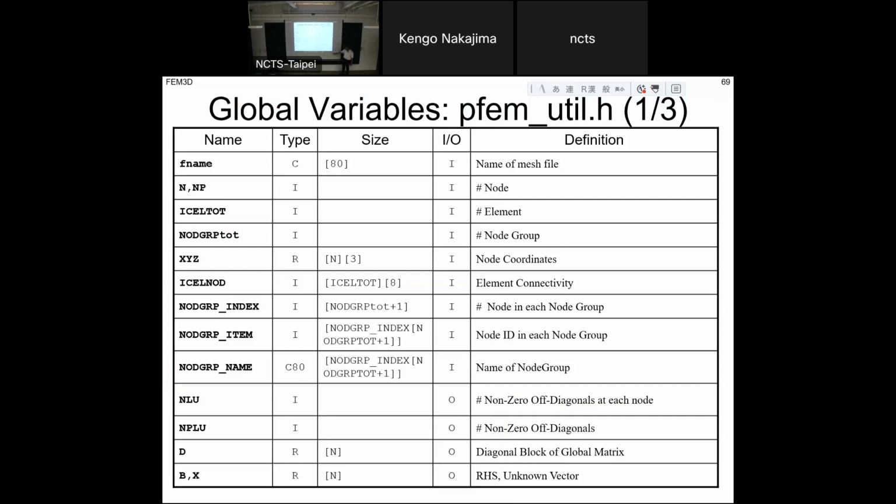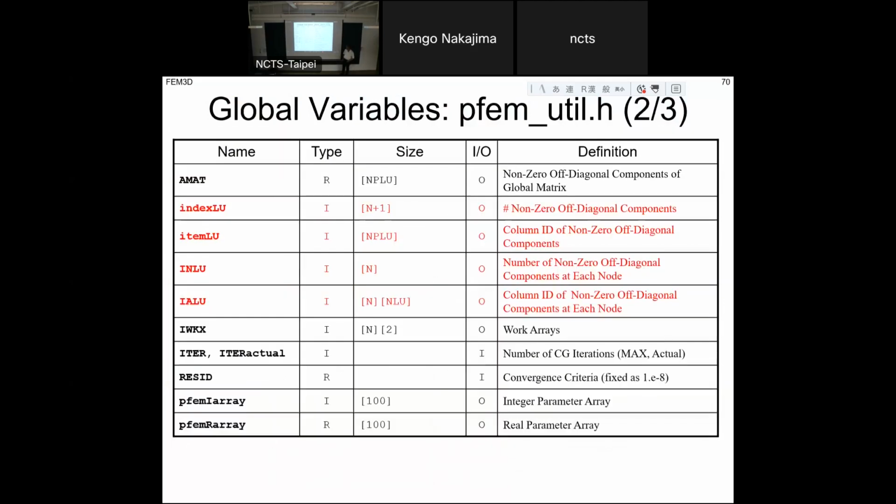And the B is the right-hand side, and the X is the unknown vector. And the A-mat is the non-zero off-diagonal components of the global matrix, and the size is NPLU. And you can see index LU and item LU are the CRS format.